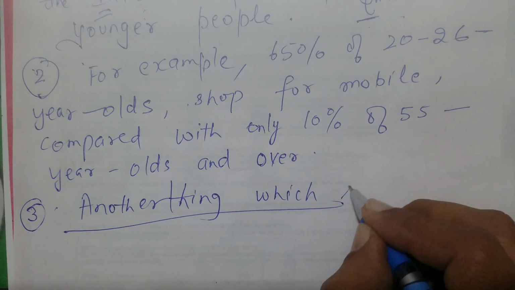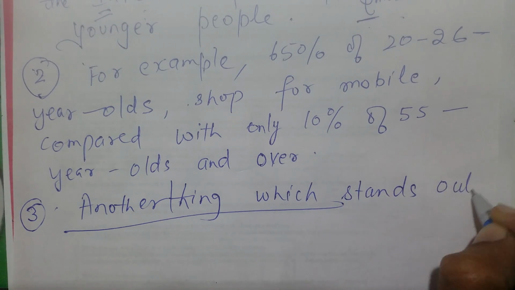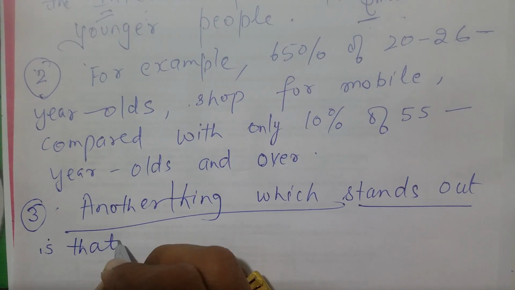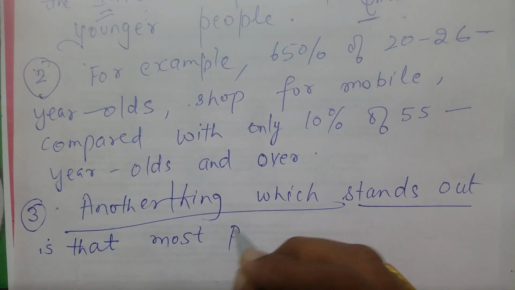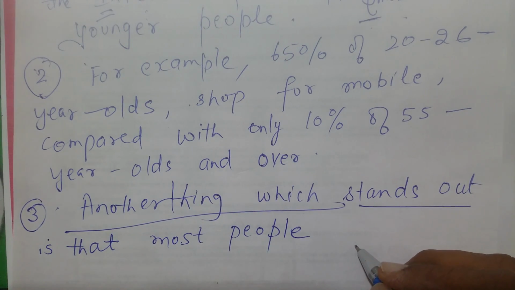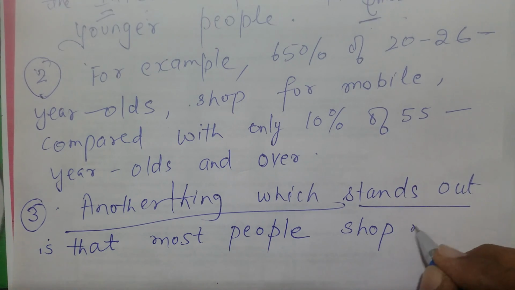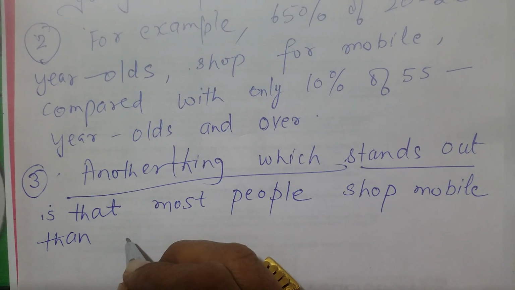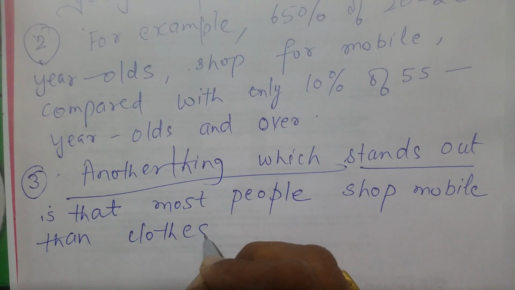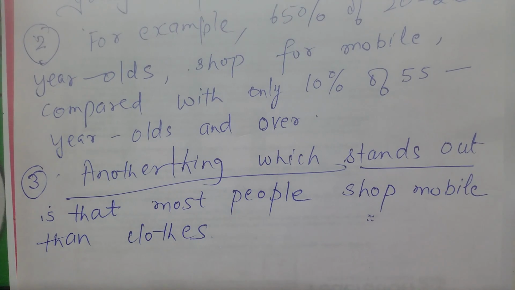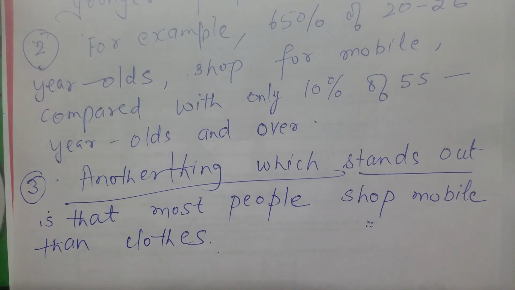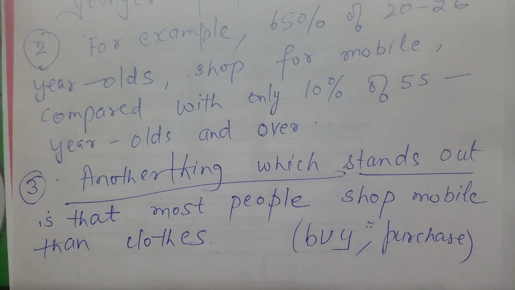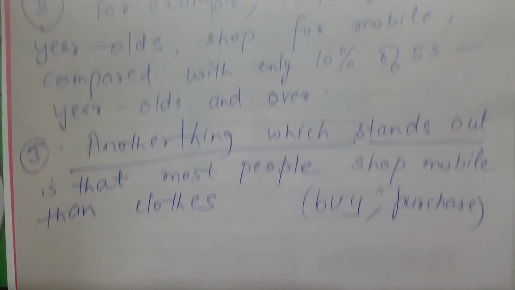Which, check the language, stands out is that most people shop mobile than clothes. If you want to change, you can change to buy, purchase, any word you can use. We have some similar words, and these words are acceptable, right? Simple present we are working.